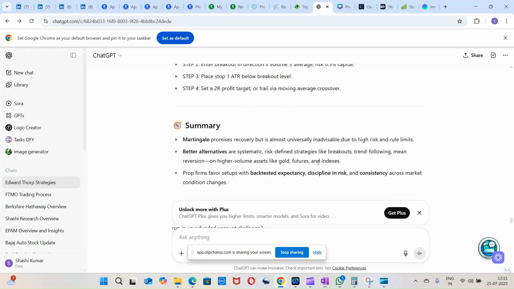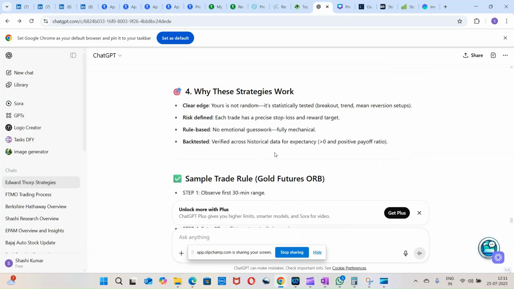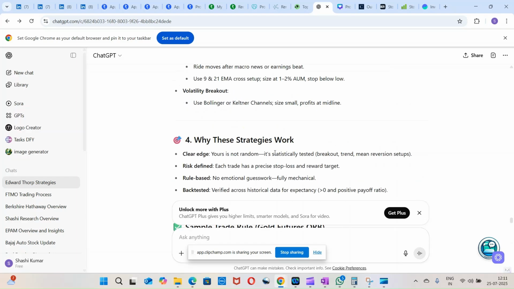So before summarizing, yeah, let's summarize. Martingale is not advisable because that's basically gambling, and you will lose in gambling. Okay, and all these strategies we have gone through work in different asset classes.